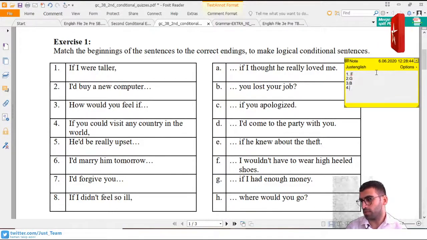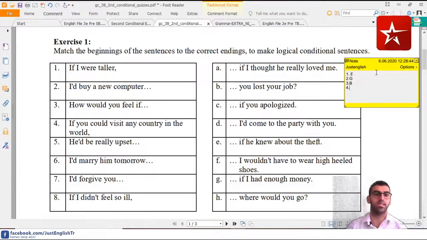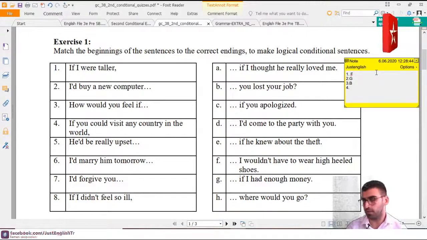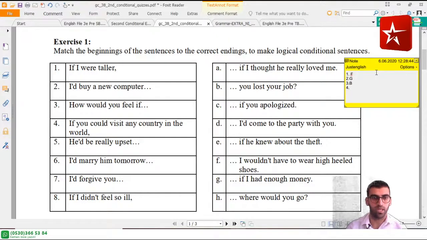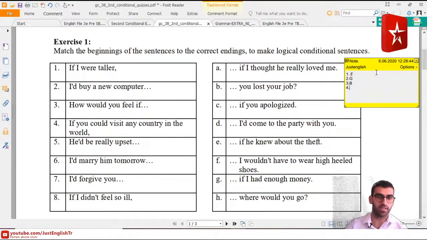Zayda also wrote C. Yes, guys, the correct answer is C for number 7. If you apologized, I would forgive you. I would forgive you if you apologized. Number 8. Okay, the last one. The correct answer is already written here.